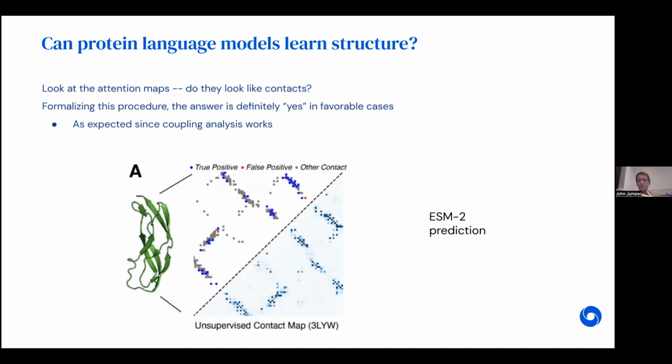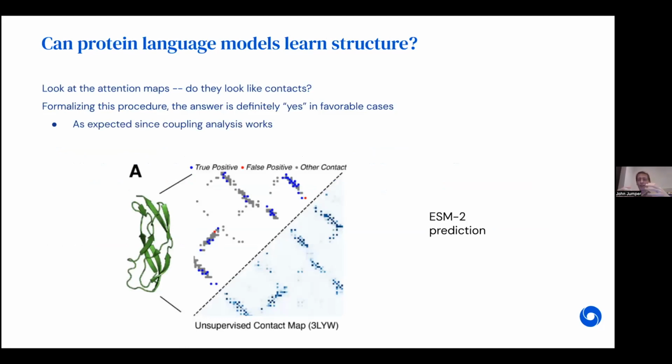And the first place to look, and these are transformers, these are models with attention, meaning that they have this n by n map of who's talking to whom. And if you look at that and you extract it in a careful way, then the answer is definitely yes in many cases, that it is finding lots of what's called unsupervised or almost unsupervised contact prediction.